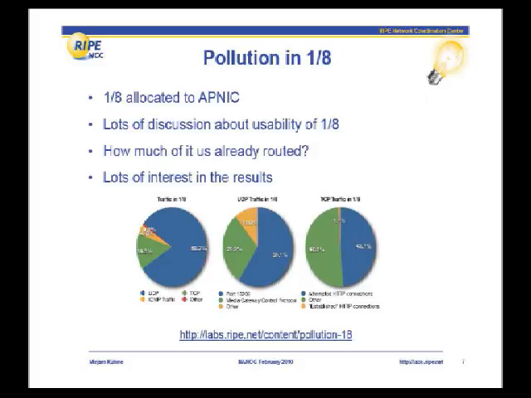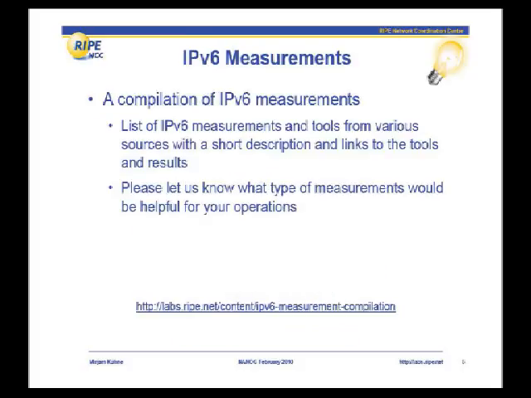You might have seen the announcement of that on the NANOG mailing list. We've also done some measurements about the pollution of 1/8, just to see how much has already been used. We also used REX for that and some other measurements we've been doing internally. There are some statistics about that on the Labs website.